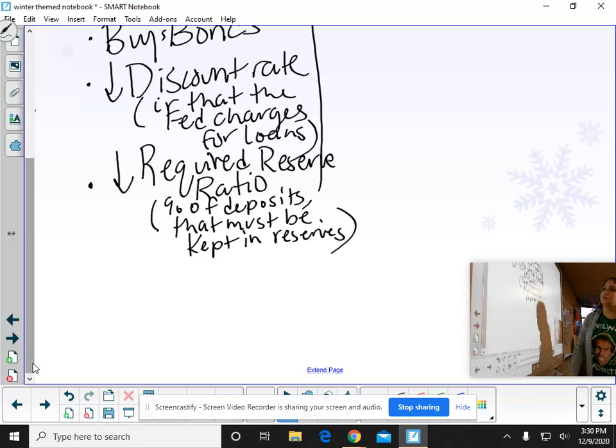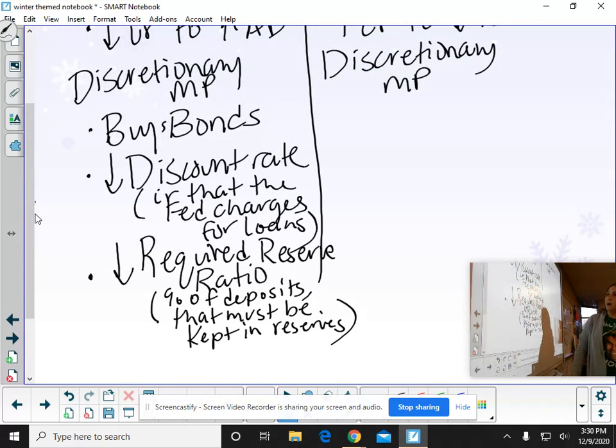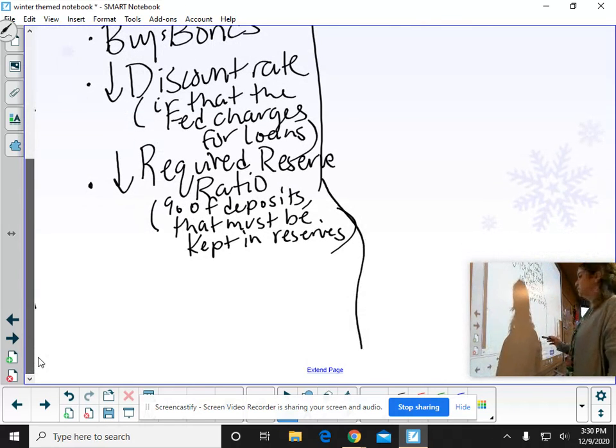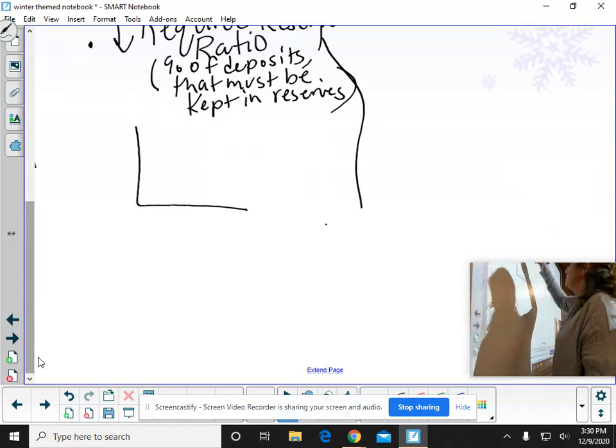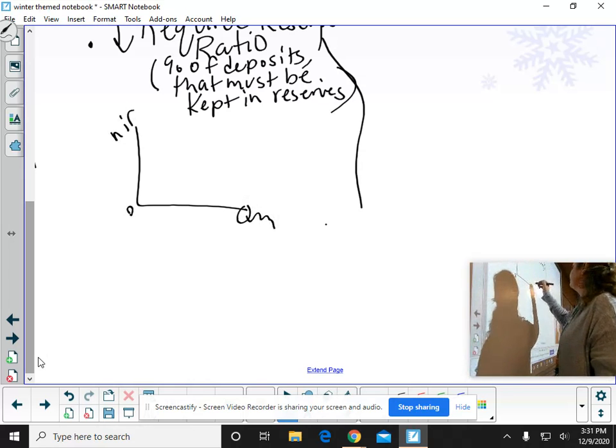Okay, so this is all done on purpose by the Federal Reserve. They buy bonds, that increases money supply, they lower the discount rate, or they lower the required reserve ratio. All of these increase money supply. So I'm going to draw a little graph: nominal interest rate, quantity of money, money supply, money demand.